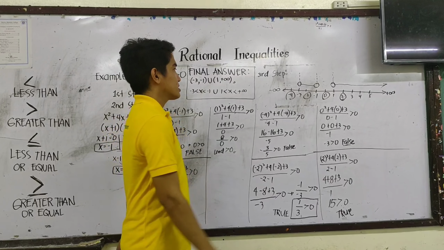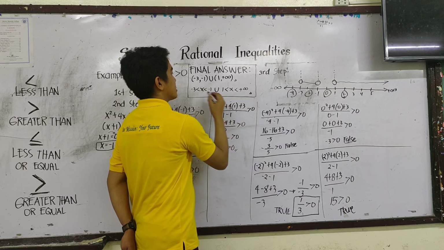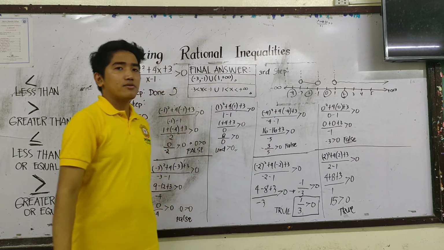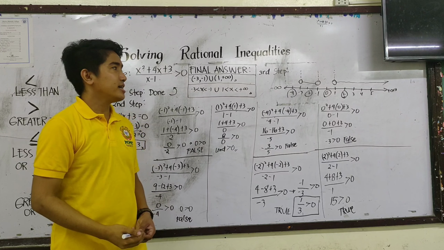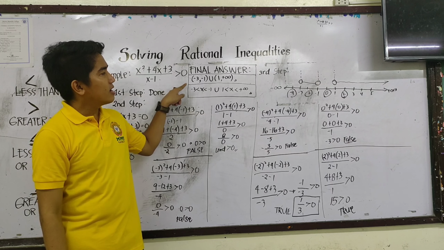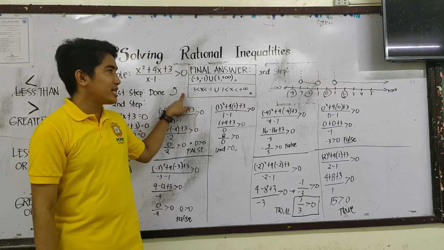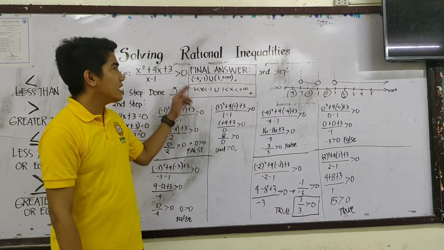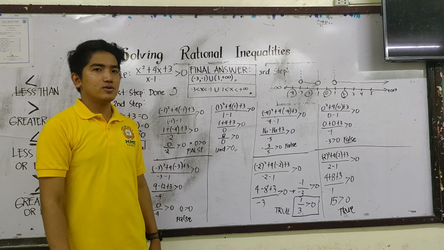Okay? So this is also our answer. So pwede ka mamili dyan, kahit ano dyan, that will be our final answer. Kahit notation lang ang sagot mo, okay lang. Inequality ang sagot mo, okay lang din. Bahala na kayo mamili ng inyong final answer. Basta, same lang sila ng value. Okay?